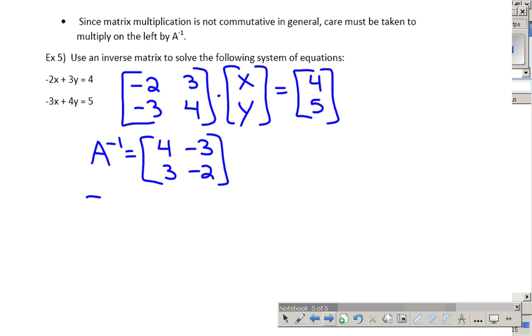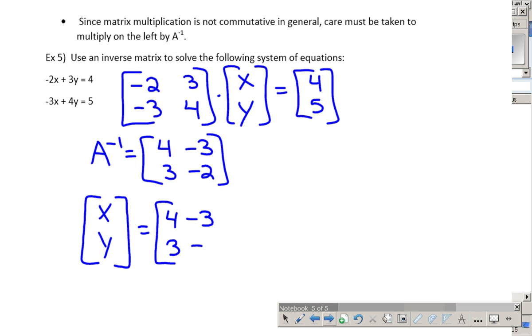So based on our rule, the inverse matrix, okay, we can go ahead and just multiply those together based on our rule. All right? So when we multiply these together, we actually wind up with solution 1, 2.